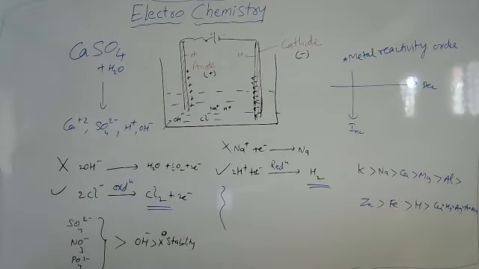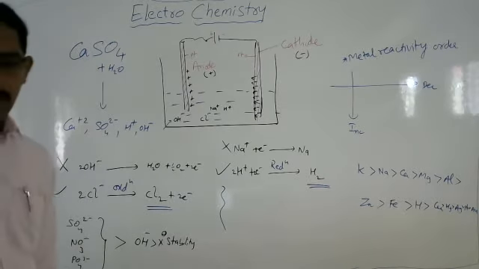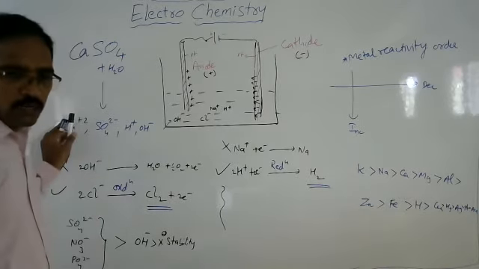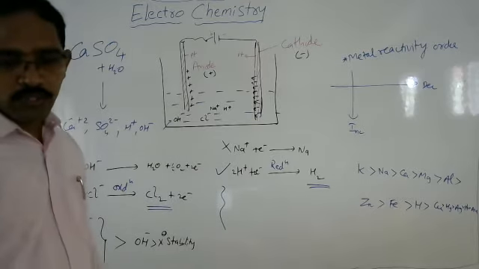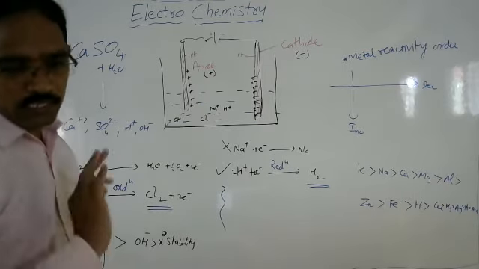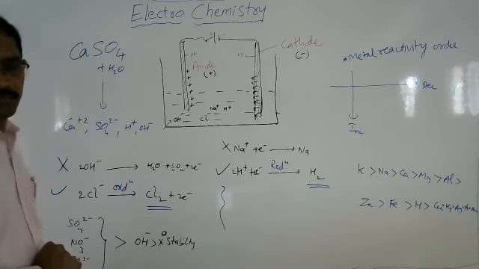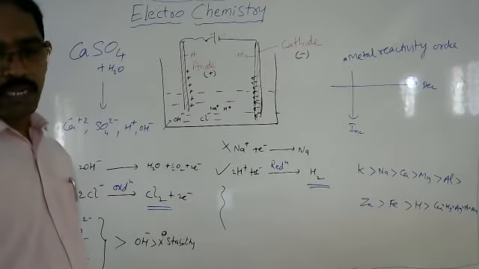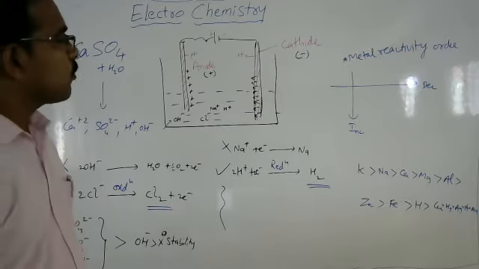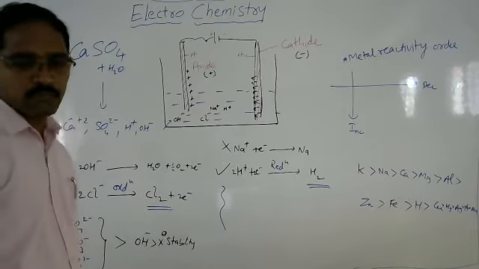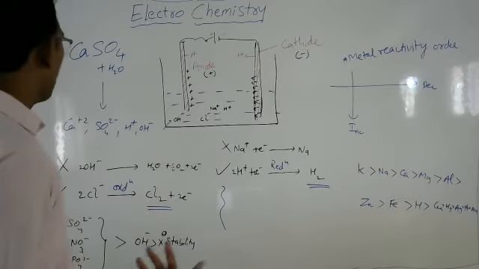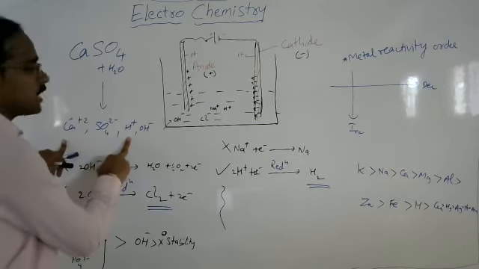Now you tell me, at the cathode, is the question clear? At the cathode, what will it liberate? At the cathode, a reduction reaction, meaning electron taking. Who will take the electron, Ca plus 2 or H plus?